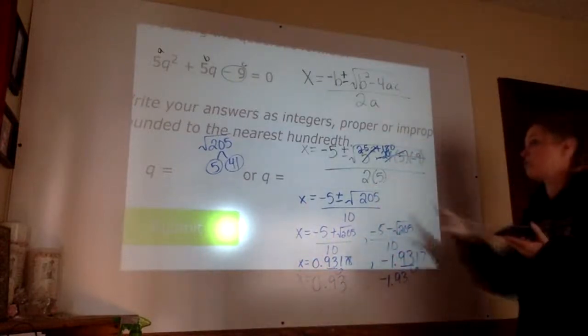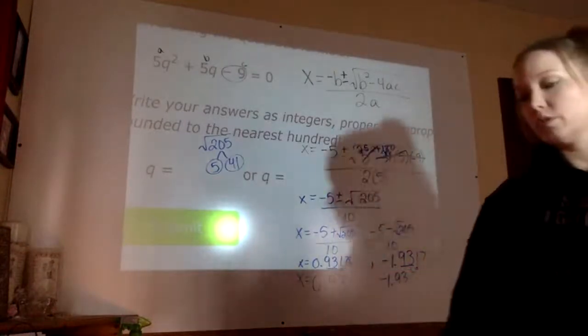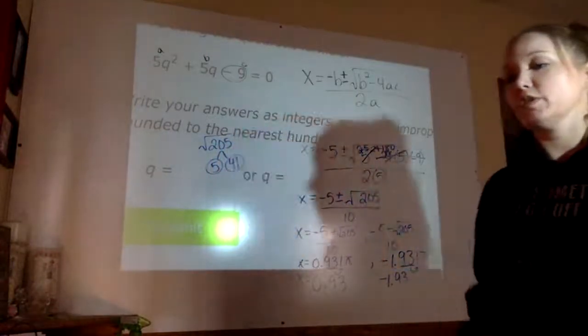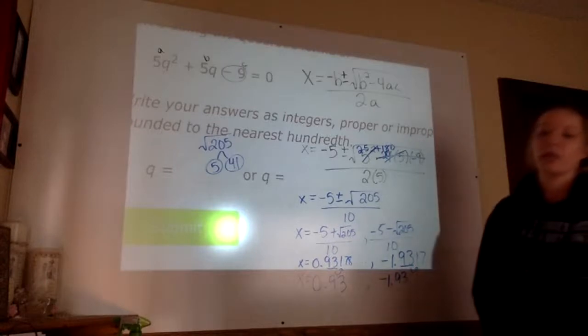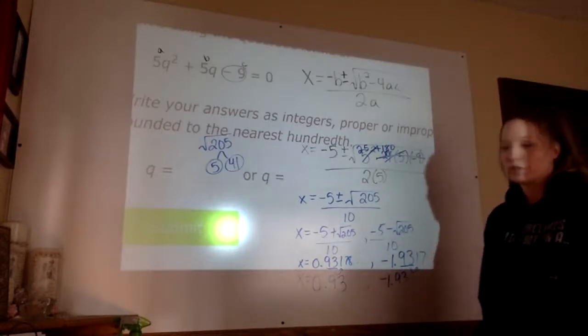So you have to follow the order of operations, and if you're struggling with how you're punching it in your calculator, you need to ask. Hopefully you're trying, because every calculator is different. Every different brand is different is what I mean.